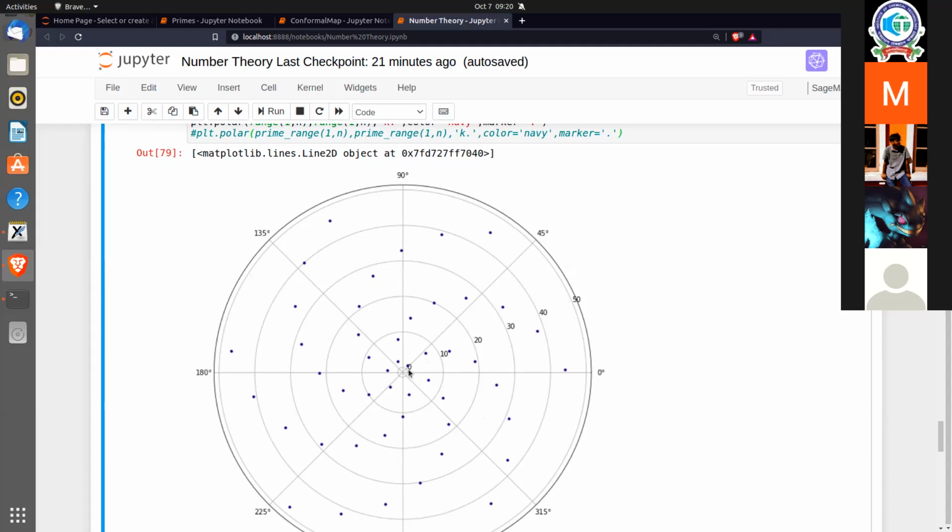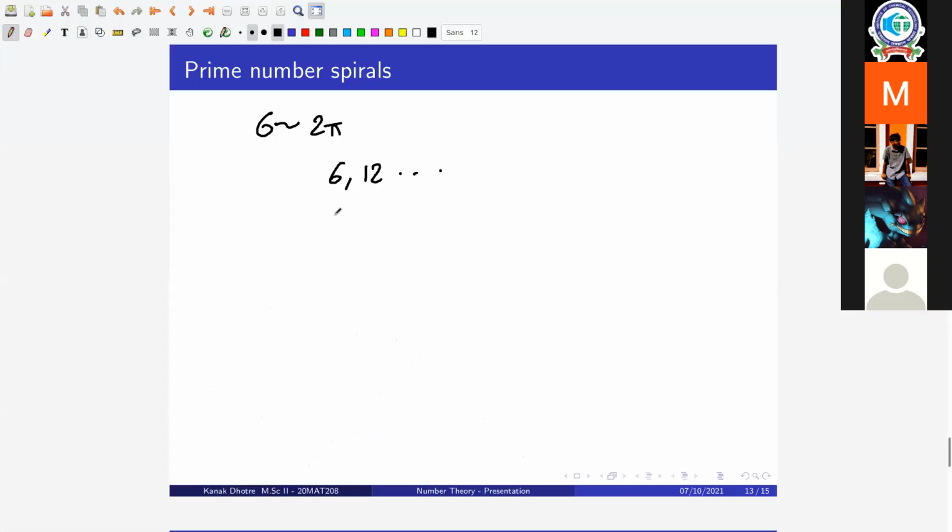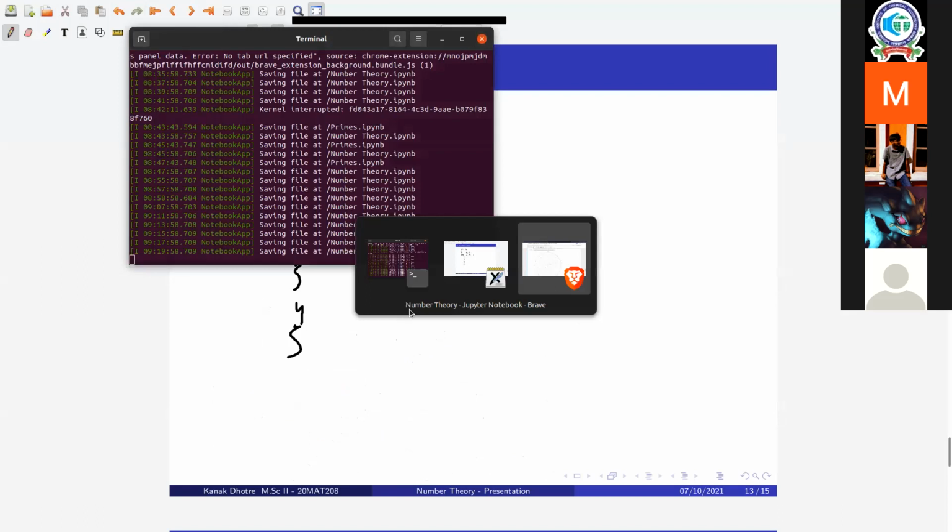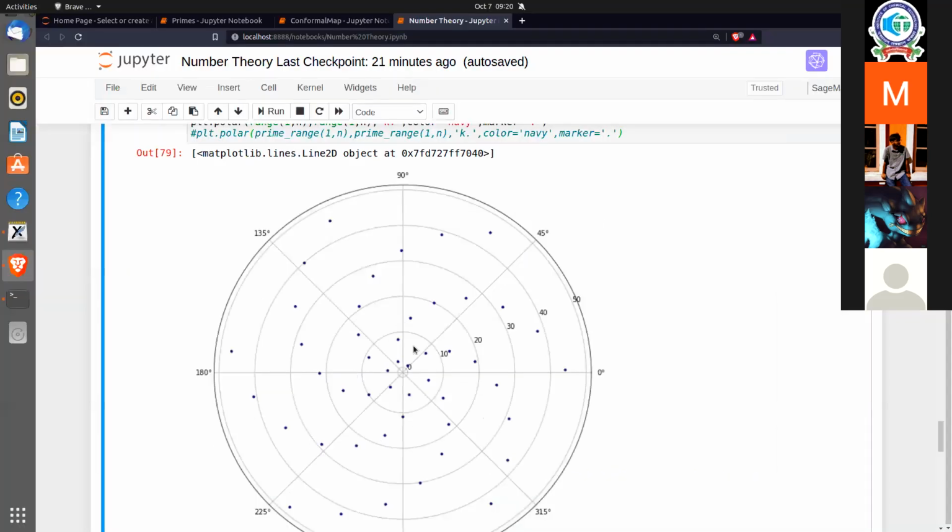So the spiral right above it is 6k plus 1, for instance 7, and then 13, and so on. So there's one band corresponding to 6k, then one band corresponding to 6k plus 1, plus 2, plus 3, plus 4, plus 5. Essentially, these bands are a nice representation of residue classes mod some integer, 6.